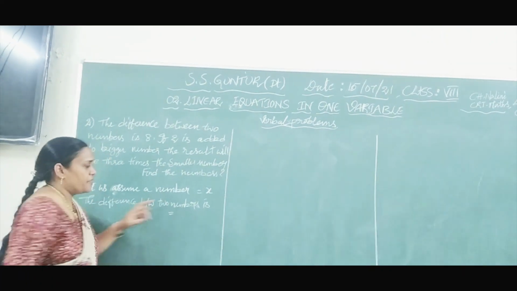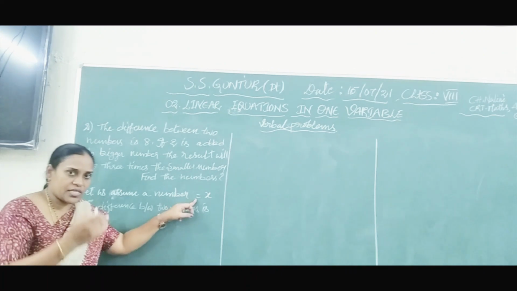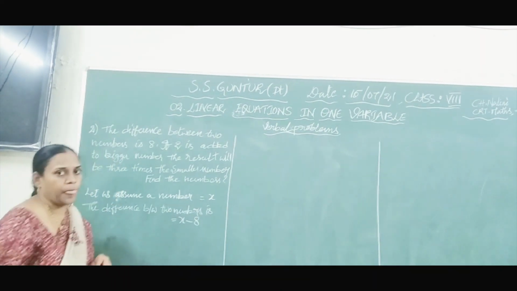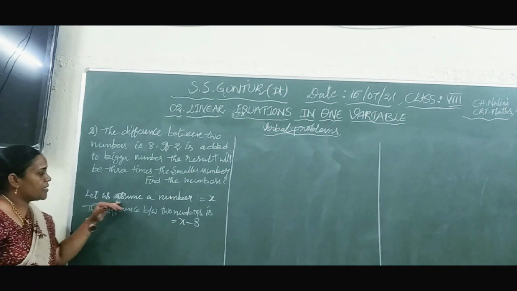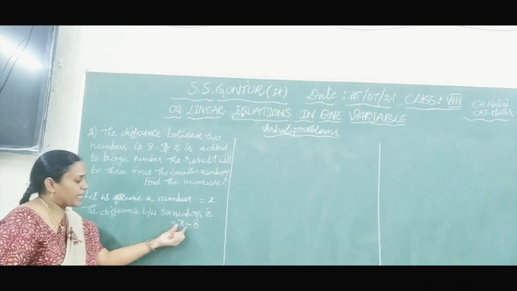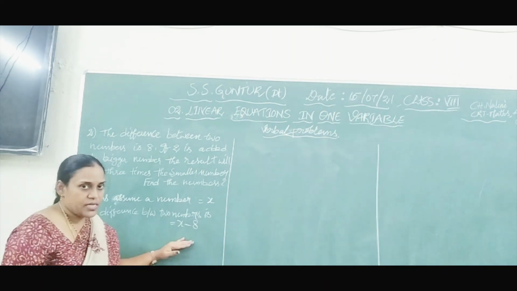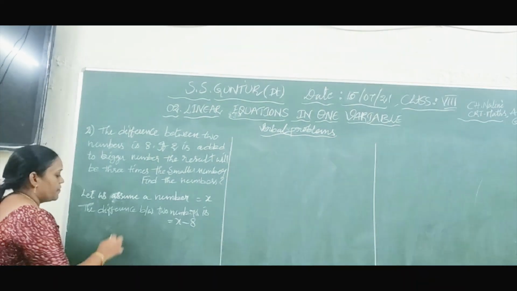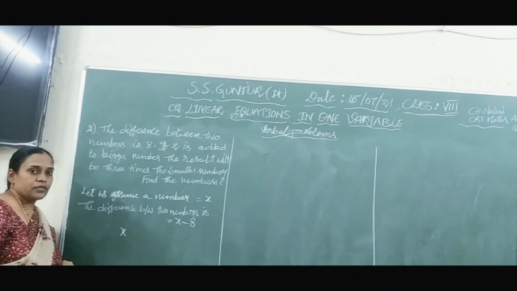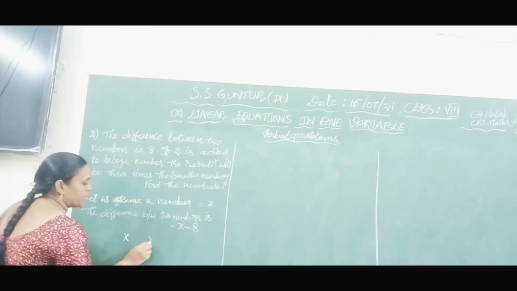That is, first number x and difference is 8. So x minus 8 is the second number. First number is x, and since the difference between the two numbers is 8, the second number is x minus 8.